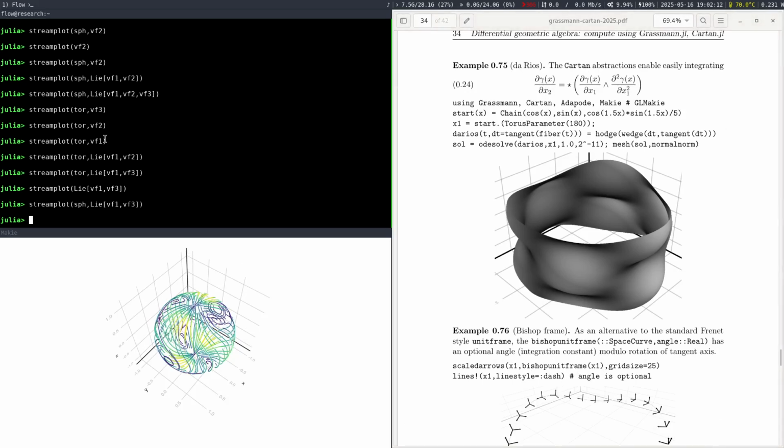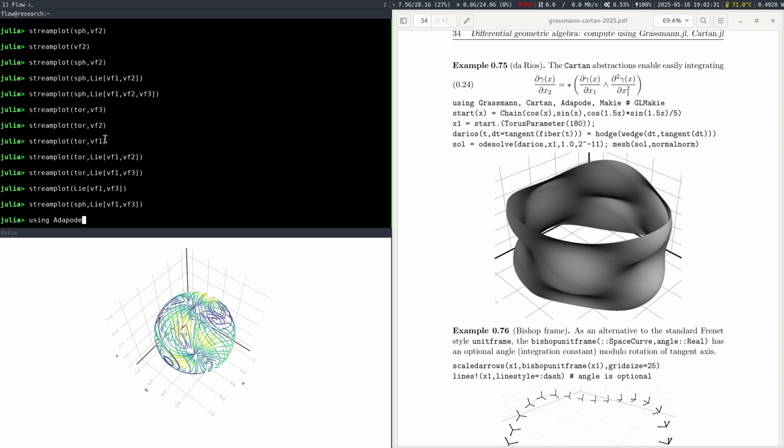So let's look at the Dirac example. So the Cartan abstractions enable easily integrating this differential equation here.